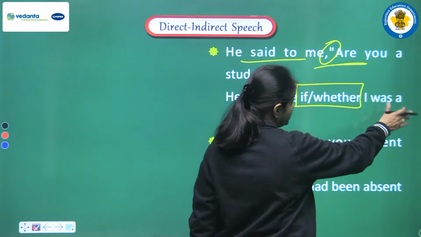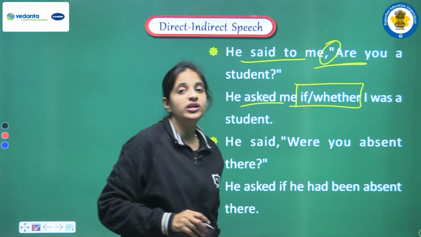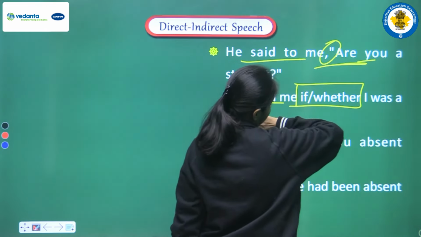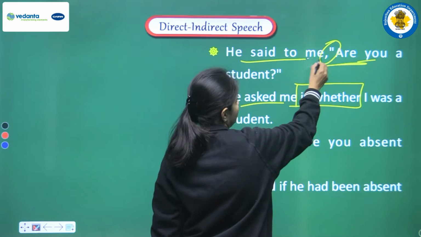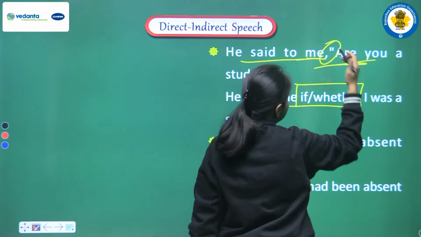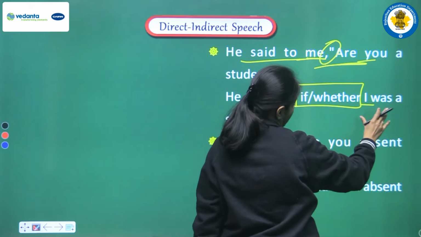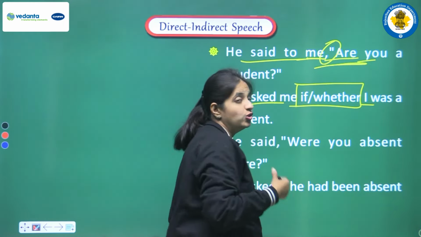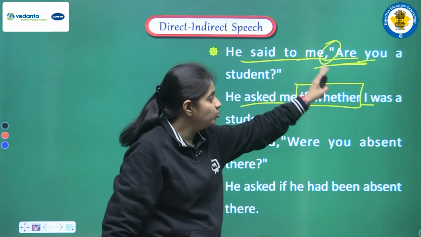Okay, and yes, the structure will also be in a positive form, and this is the reason first of all we are doing the changes in the pronoun. You will be changed according to me, that is the object, and for that we are writing I. Next, here we are having are, so we are converting that into past form, and we are using was.